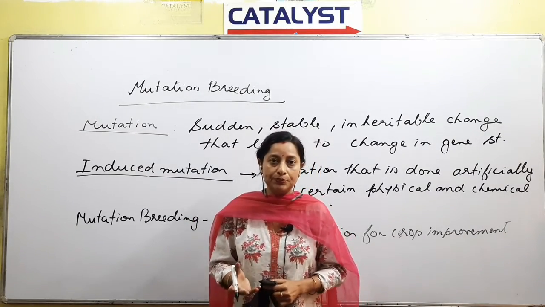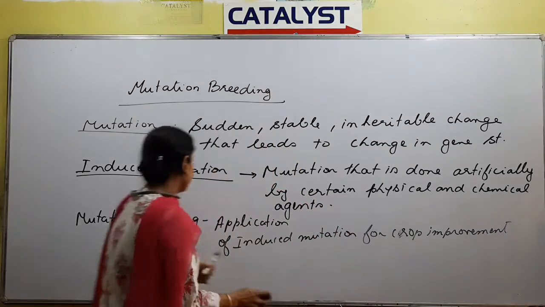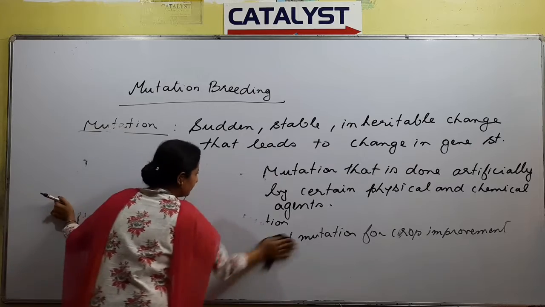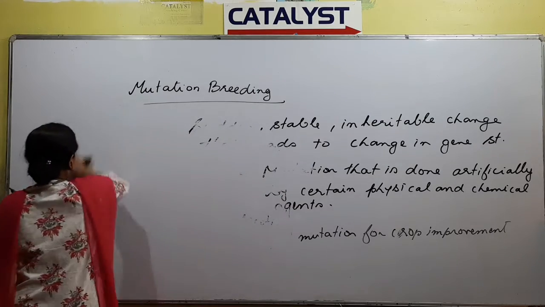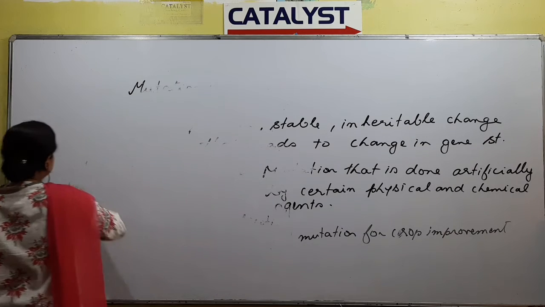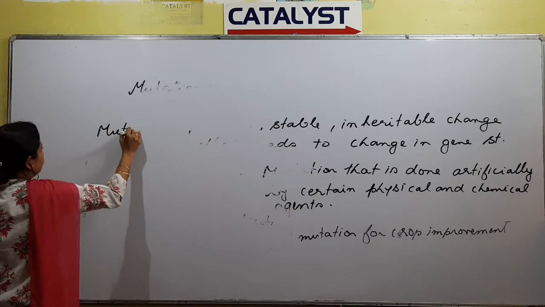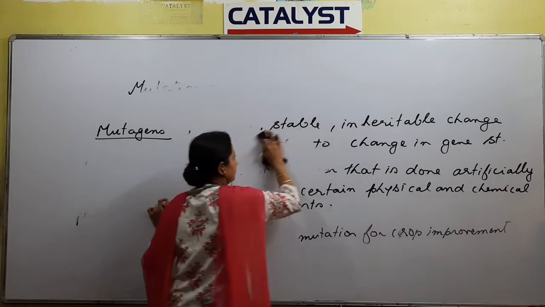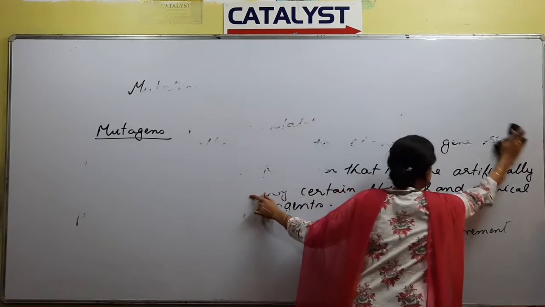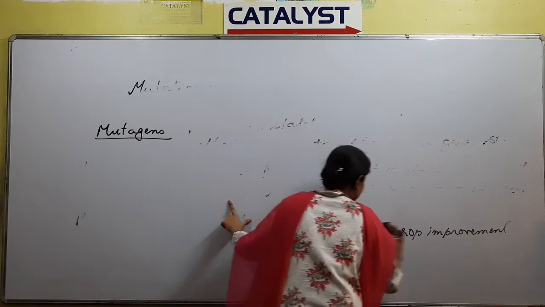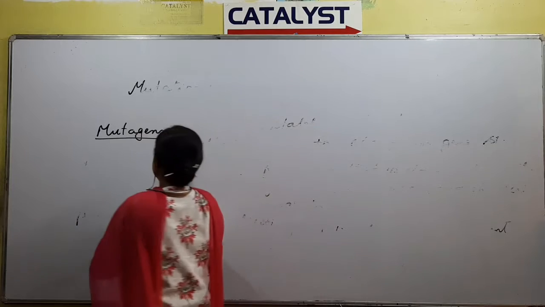Mutagens are things that induce mutation. So the things or the agents that bring about mutation are called mutagens.